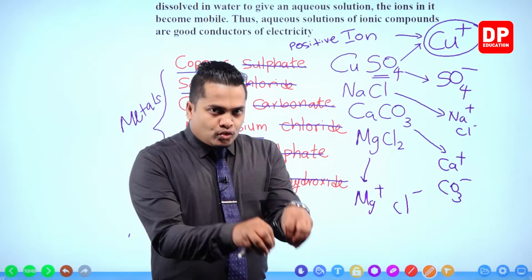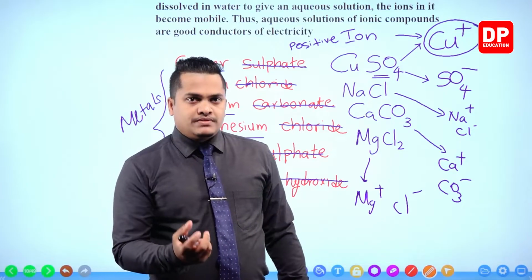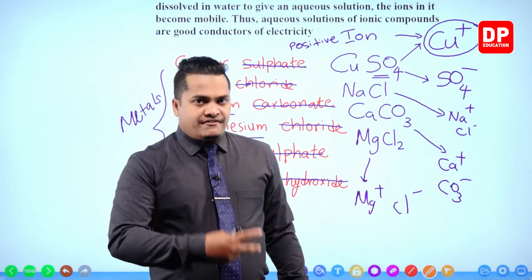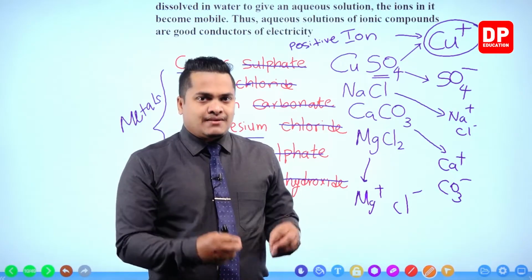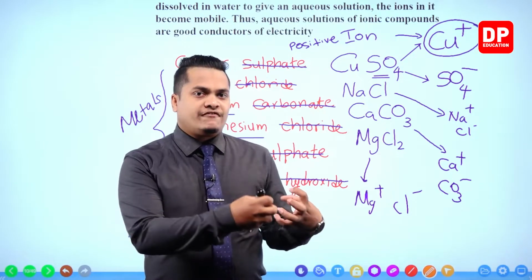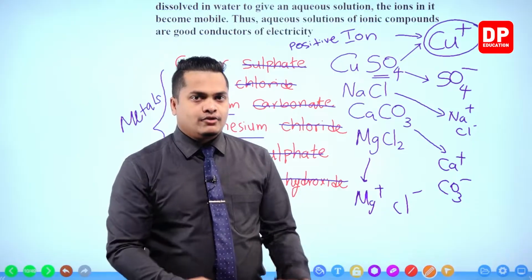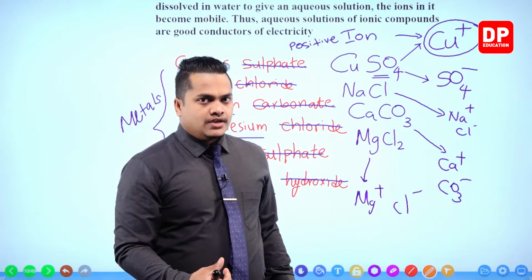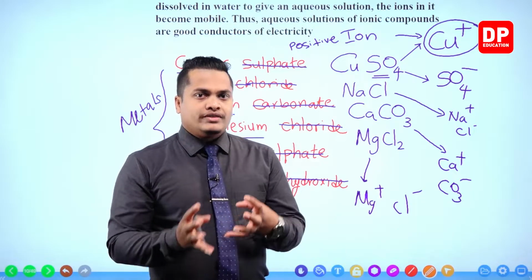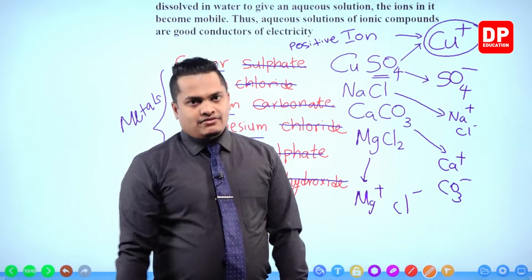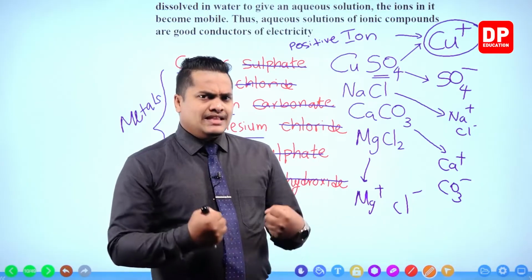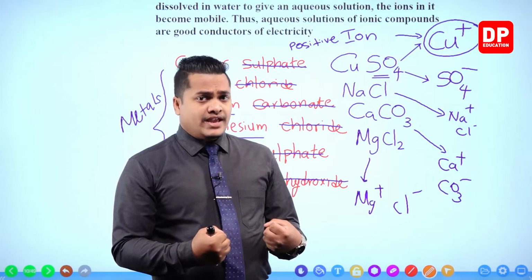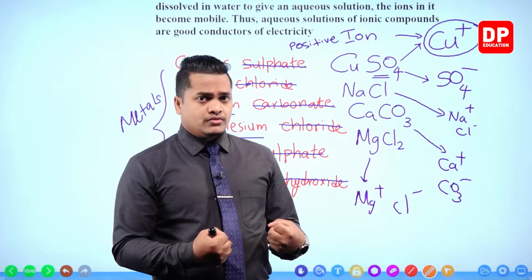In an ionic compound, you can observe two different kinds of substances with two different charges, positive and negative. The metallic element gets a positive charge and the other group or element takes a negative charge. This is how ionic compounds are created.